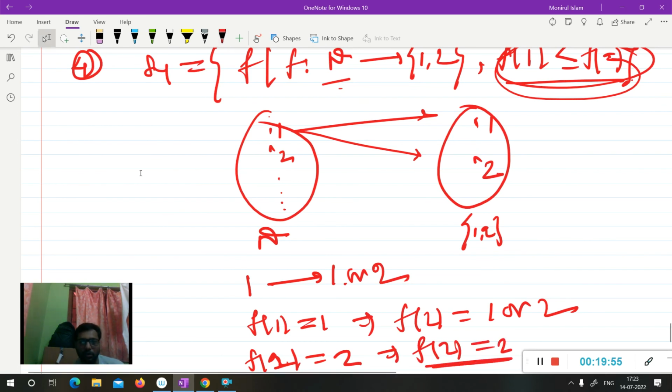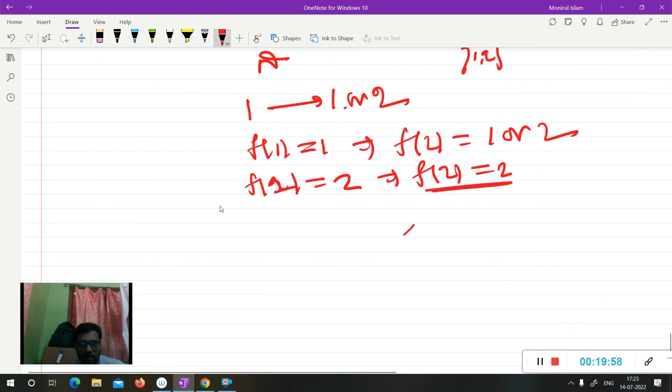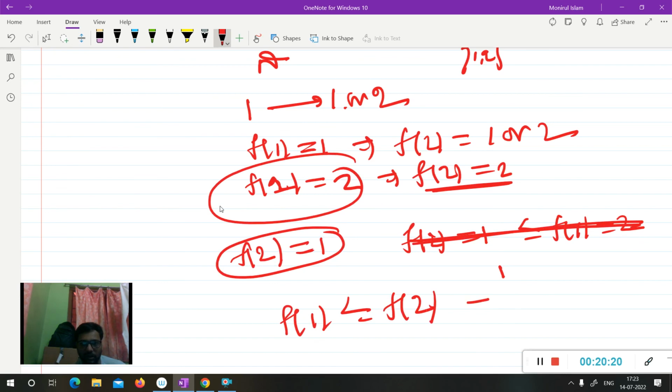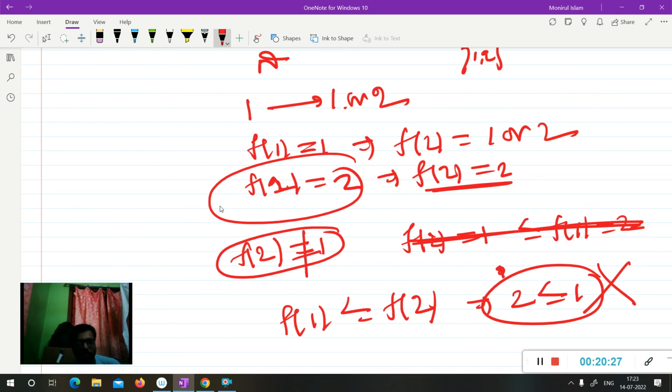Because suppose f2 is 1, then you have f2 less than f1, but f1 is 2, so the condition f1 less than or equal to f2 would be violated, since 2 less than or equal to 1 never happens. So f2 is never 1. If f1 maps to 2, then f2 also maps to 2.